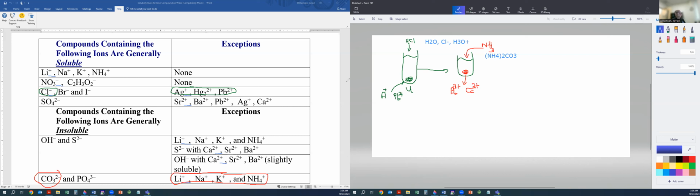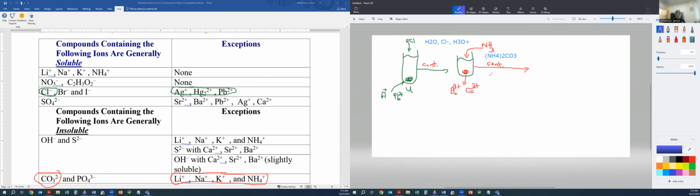And then what I'm going to do is centrifuge. Remember I centrifuged here, so I'm going to write cent. So I centrifuged, and here I centrifuge again.